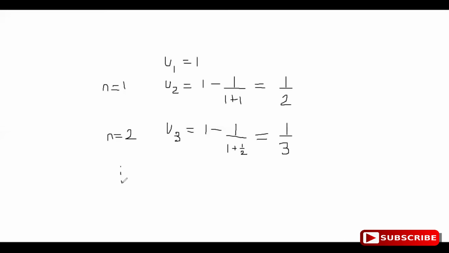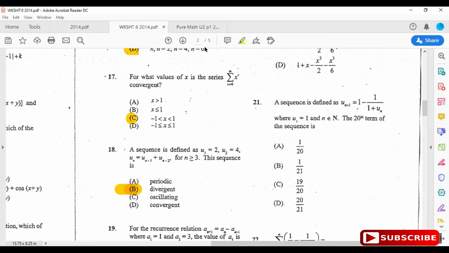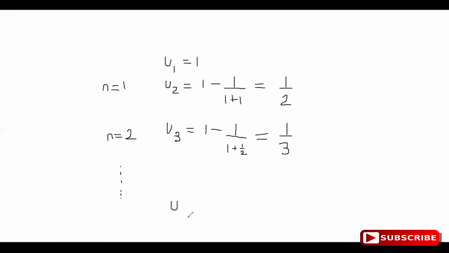So if you were to continue all the way down, un is equal to 1 over n. The 20th term is u20. When n is equal to 21, what we get is 1 over n plus 1, so it's 1 over 21.